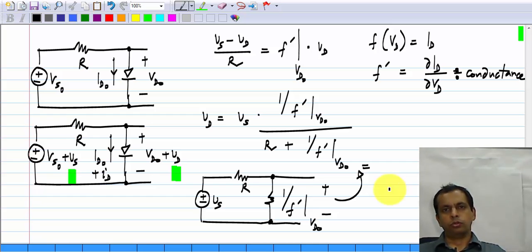So, while this business of expanding the nonlinearity in Taylor series and neglecting higher order terms is easy, we still do not want to set up the equations every time and then go about this business of neglecting higher order terms. We want an even more straightforward way of arriving at the solution for the incremental quantities, and that we do by considering the incremental equivalent for every element.